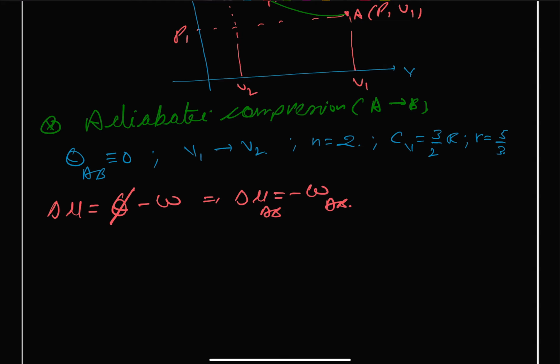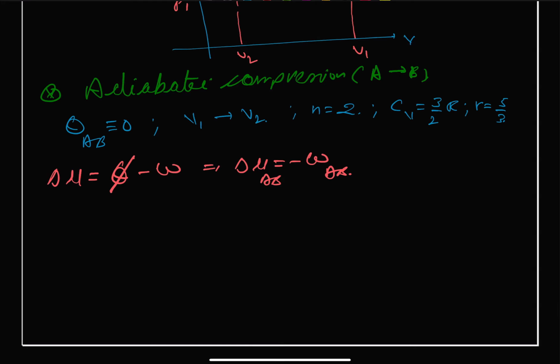Now we can find out this delta U of AB. We get delta U of AB equal to n C of V times T2 minus T1.